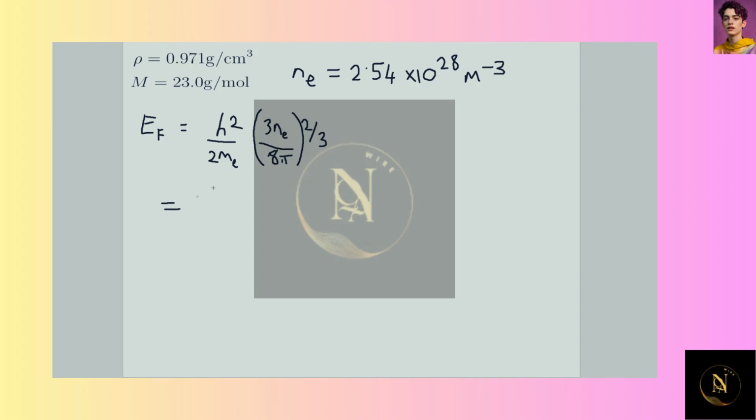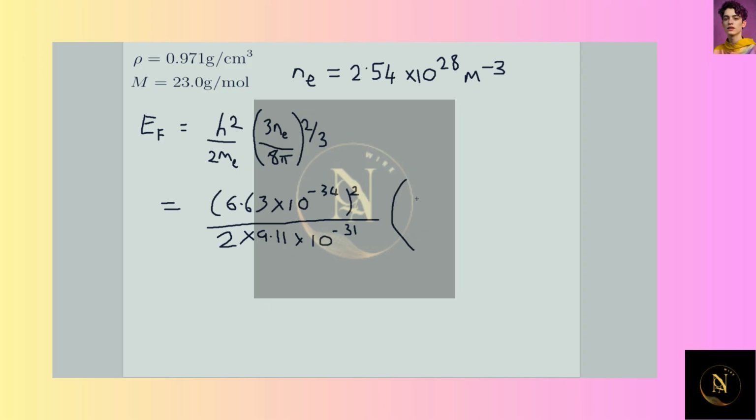So plugging in some numbers, we have h bar, which in SI units is 6.63 times 10 to the minus 34 joule seconds, all squared, over 2 times our electron mass, which is 9.11 times 10 to the minus 31 kilograms.